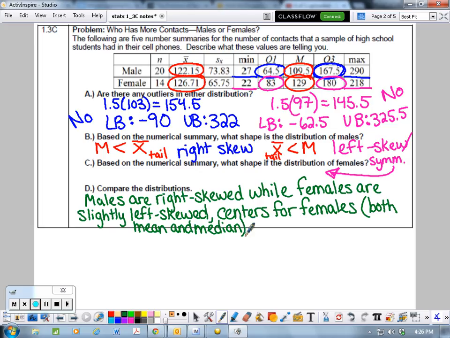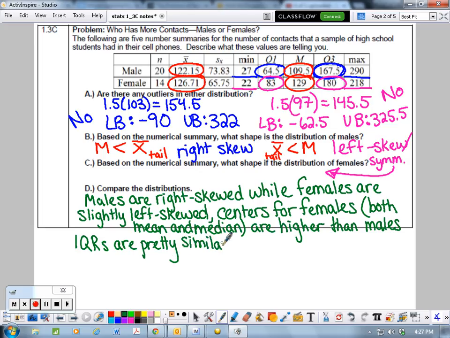So centers for females, both mean and median, are higher than males. And then IQRs are pretty similar. One is 103, the other one is 97. But the standard deviation for males is much higher.